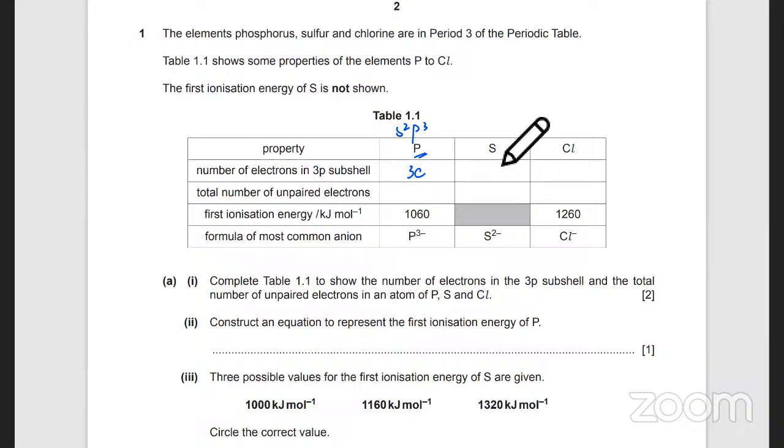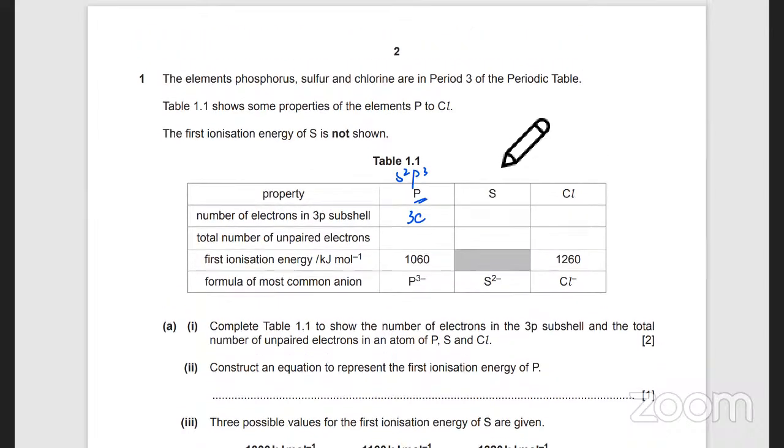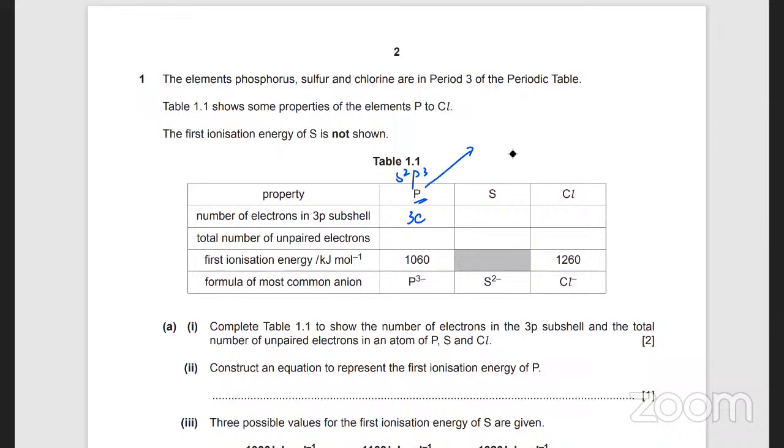Does it depend on their nuclear charge? क्या चीज? Like the p3, since it's in group 5 and the charge of group 5 is +3, does it depend on that? नहीं, it's just a simple shortcut है ये कि phosphorus, like write the complete electronic configuration. It's got 15 electrons. What's the electronic configuration of 15 electrons?